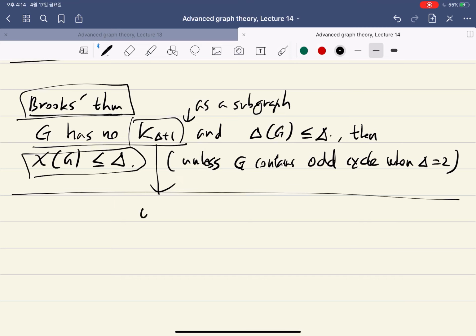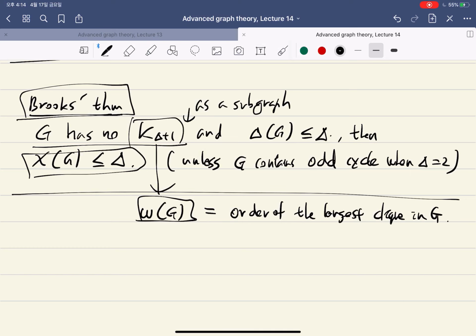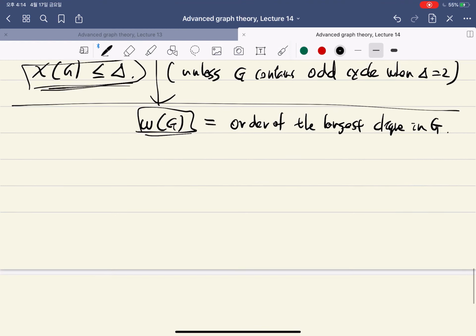We have defined the clique number, which is the order of the largest clique in G. So if we have a further restriction on this clique number, can we actually improve this? Which is actually possible.